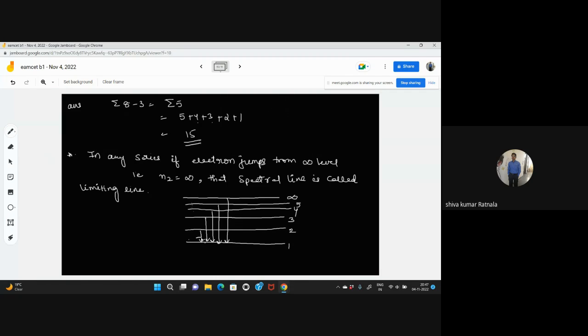This is known as the first line, which is also called H alpha. This is the second line, H beta. This is the third line, H gamma. This is the fourth line, H delta. And this is the limiting line.